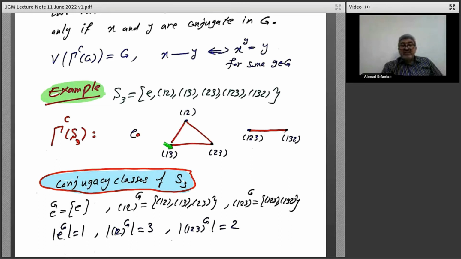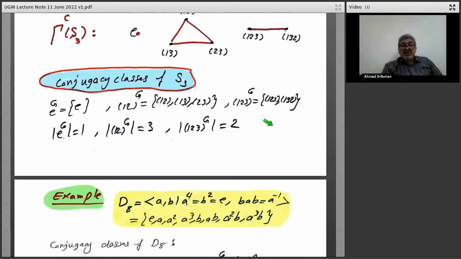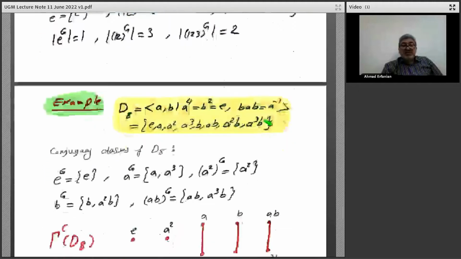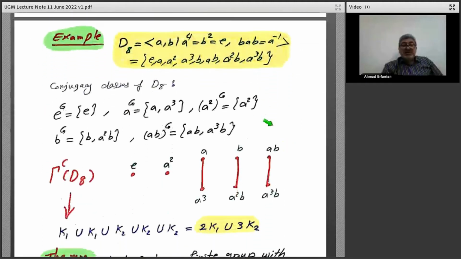We have 3 elements, and for 1, 2, 3 we have 2 elements. Now if you compare the size of conjugacy classes to the conjugate graph, we have a singleton set. For the identity, the conjugacy class consists of the identity.